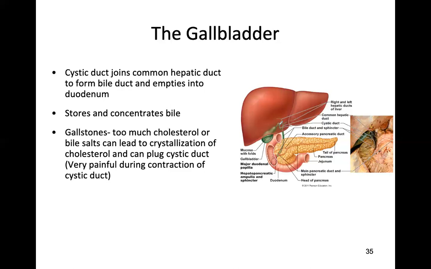Now, one last thing before I switch gears to the large intestine. I keep talking about bile and the word emulsification, but what does that exactly mean? Understand that 60 to 70% of your body is water, and fat and water do not go together.